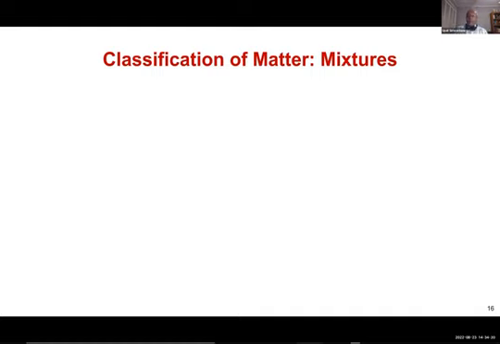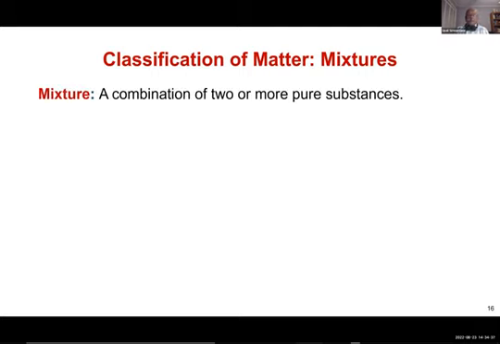Now a mixture is a combination of two or more pure substances. Pure substances are elements or compounds.